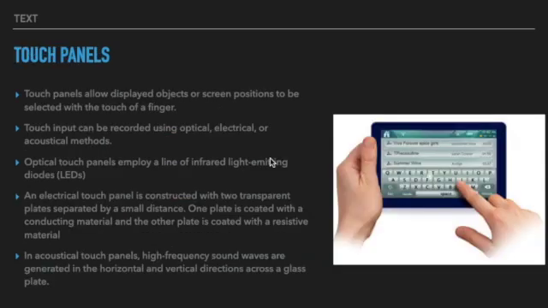Touch panels. Touch panels allow displayed objects or screen positions to be selected with the touch of a finger. You know what a touch panel is. The touch input can be recorded using optical, electrical or acoustical methods.